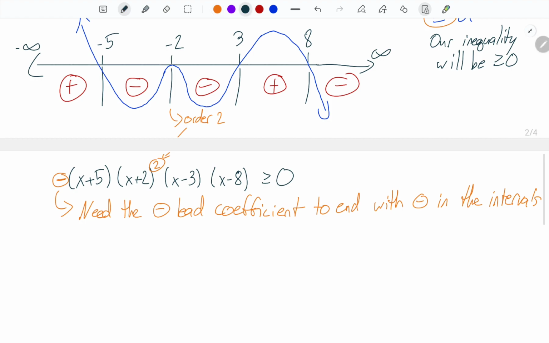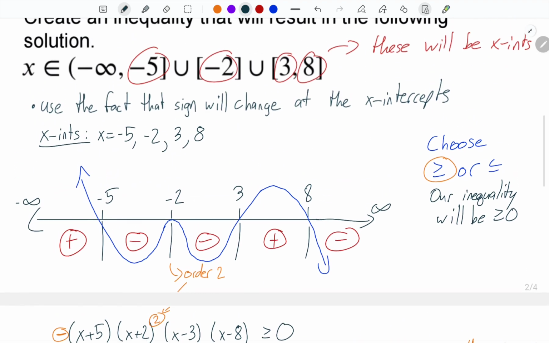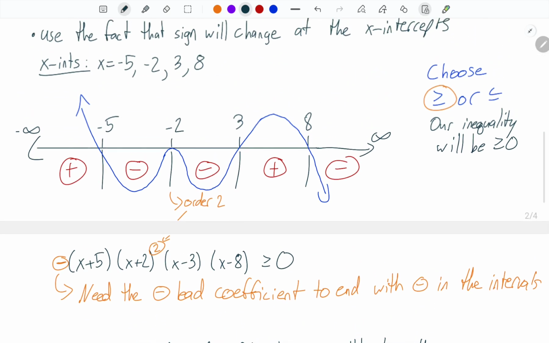Okay, and so therefore, let's write this out as a final answer. Therefore, negative (x plus 5)(x plus 2) squared (x minus 3)(x minus 8), greater than or equal to 0, will have the above solution. And what is it?